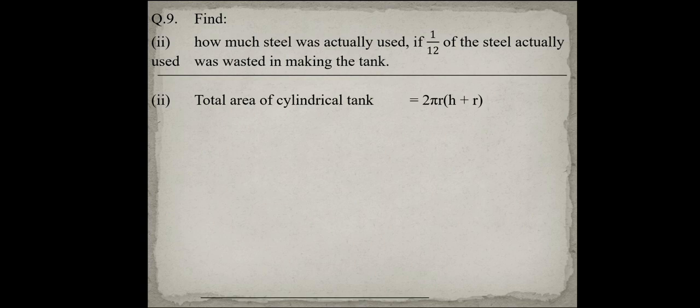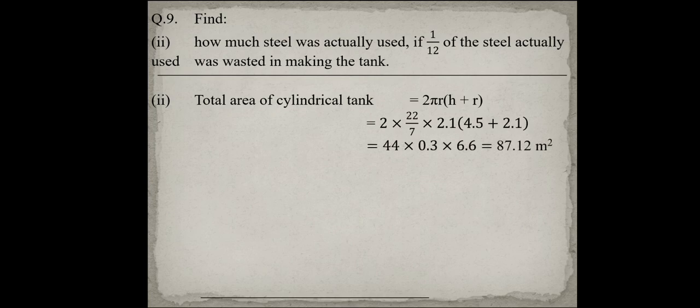This is the total surface area, because this is a closed surface. In the previous part we found the curved surface area. Now we need to find the total surface area. So put values here, 2 into 22 upon 7 into 2.1 into 4.5 plus 2.1. After adding and multiplying, we get 87.12 meter square. This is the area of that cylindrical tank.